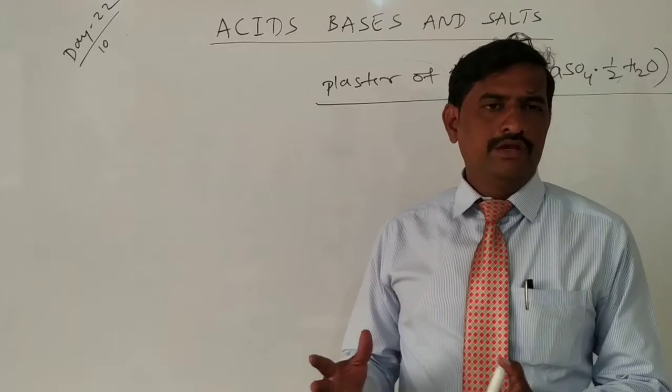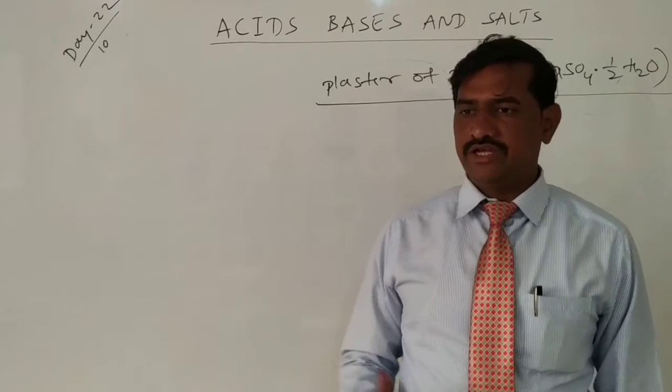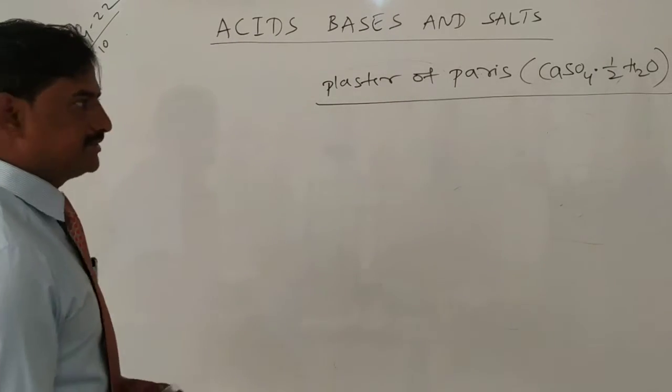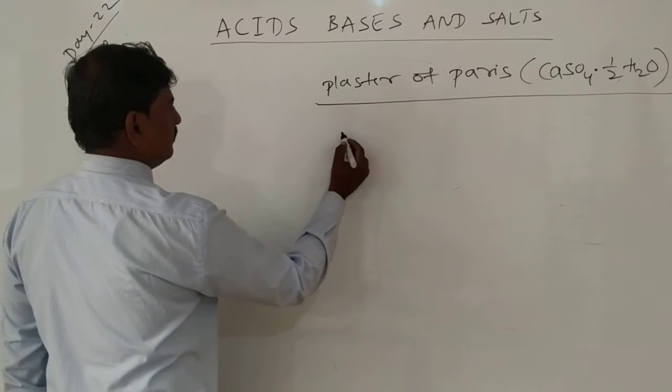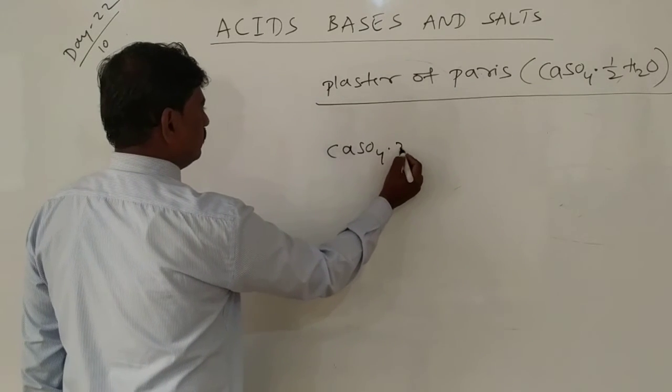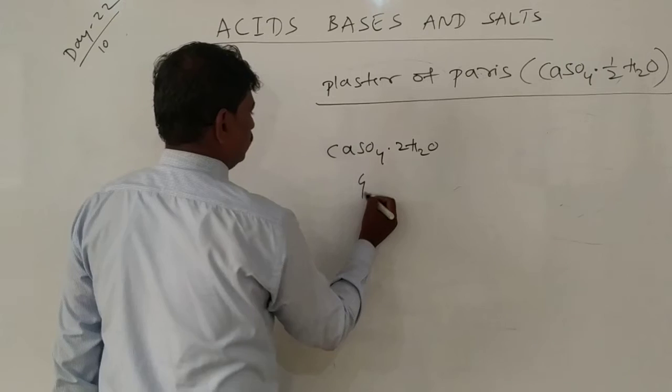Okay, how will it be manufactured, Plaster of Paris? By heating the gypsum. Gypsum is CaSO4·2H2O.